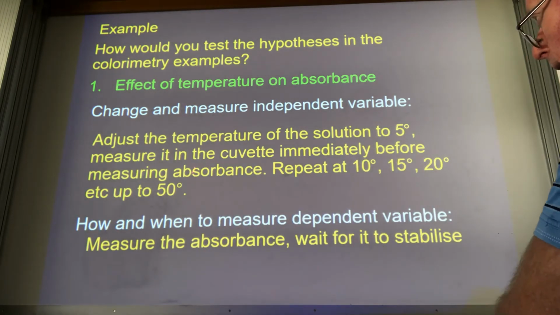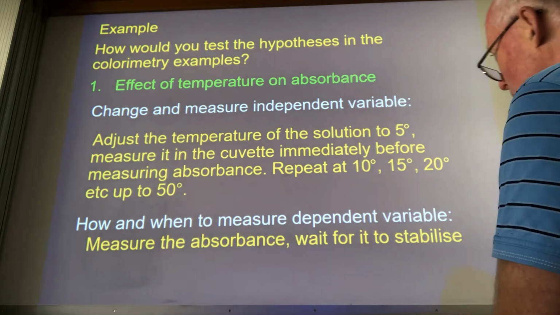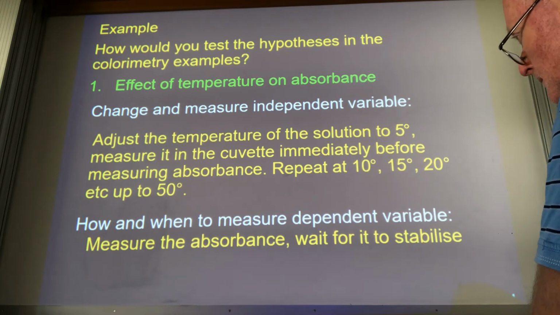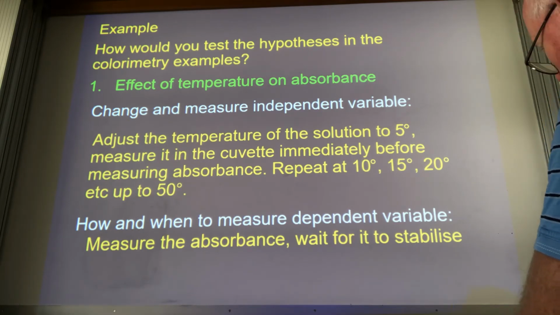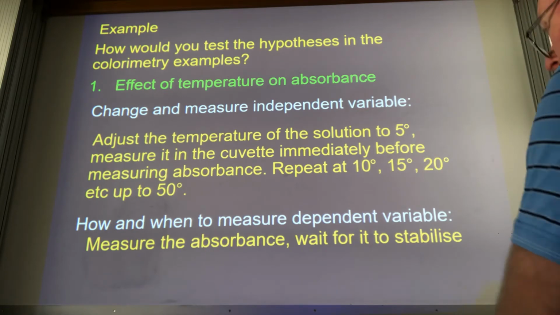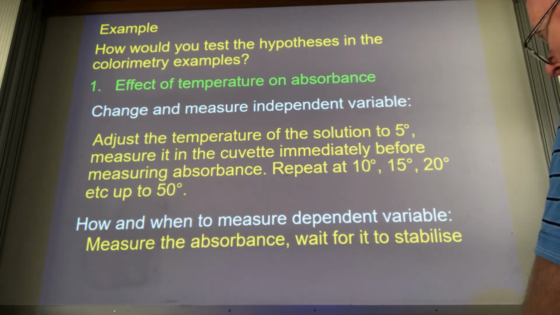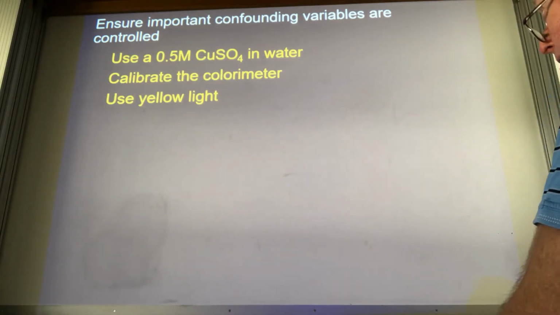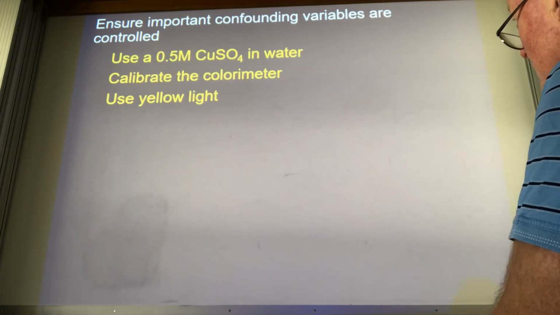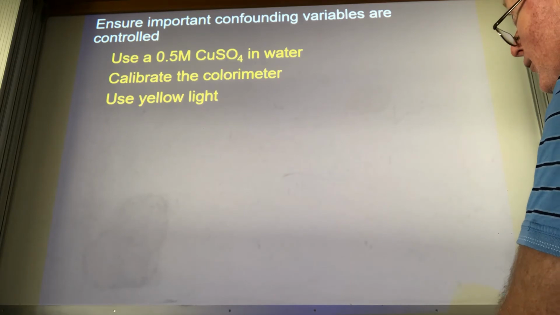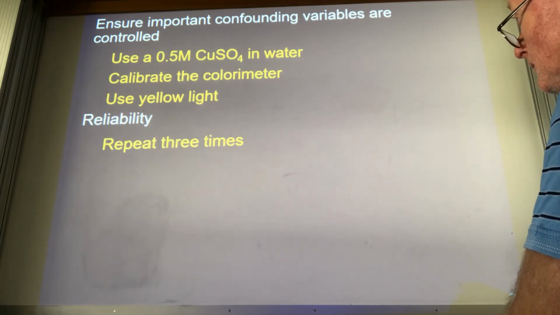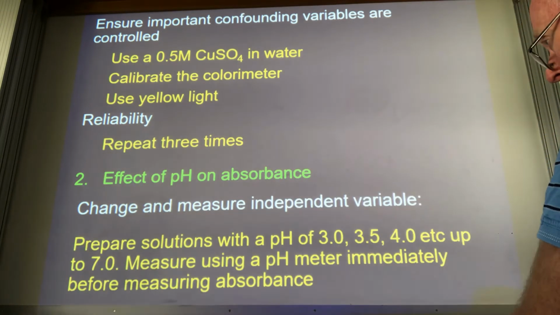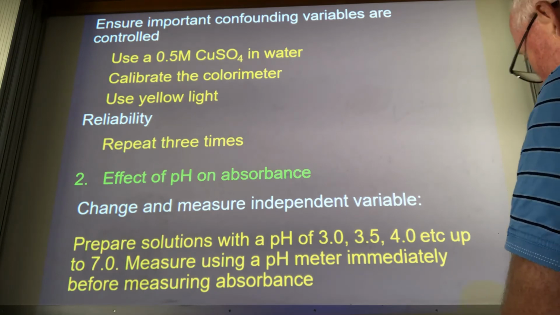Give a little bit of detail about how we're going to change the independent variable, how we're going to measure the absorbance, how and when we're going to measure the dependent variable, and then give enough detail to ensure that variables are pretty well controlled. Repeat 3 times to ensure reliability. For the pH example, this time we've got to adjust pH.